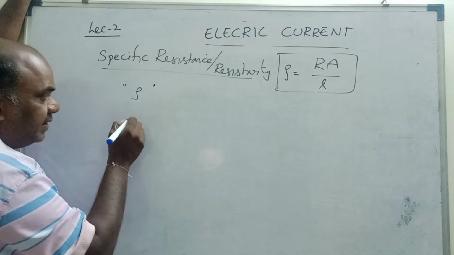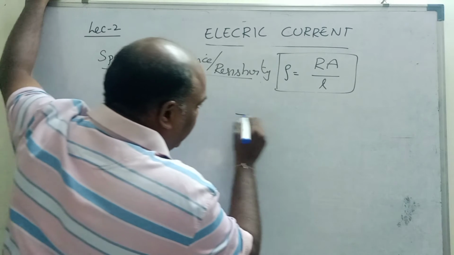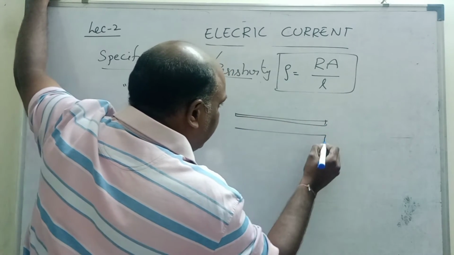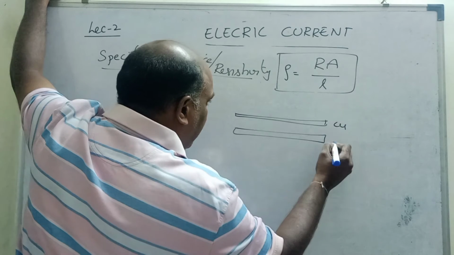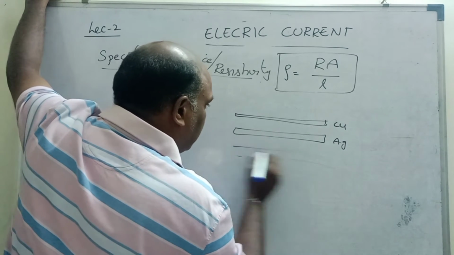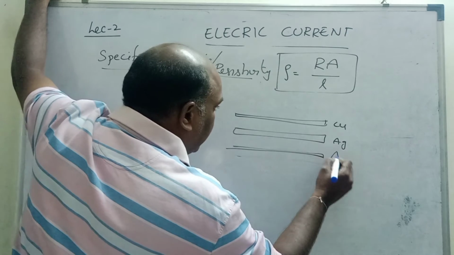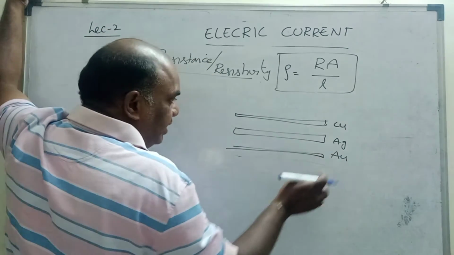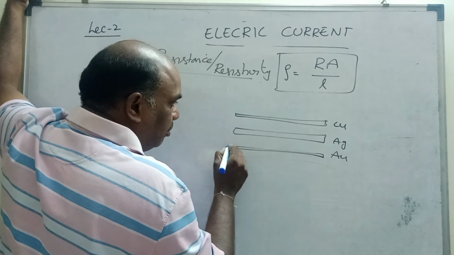Now, resistivity definition, observe carefully. You can take copper wire, silver wire, gold wire. This is copper, Cu, argentum, Ag, Au, gold.